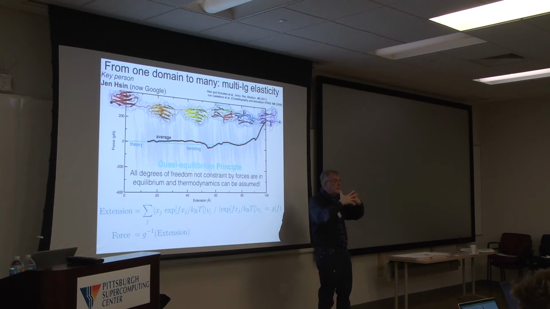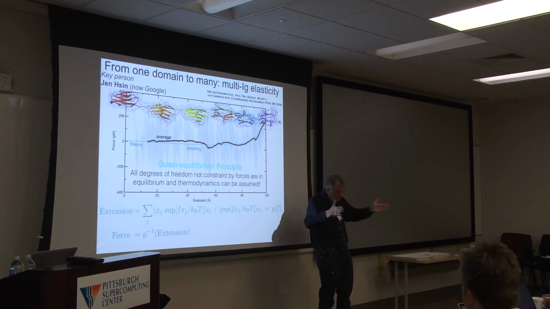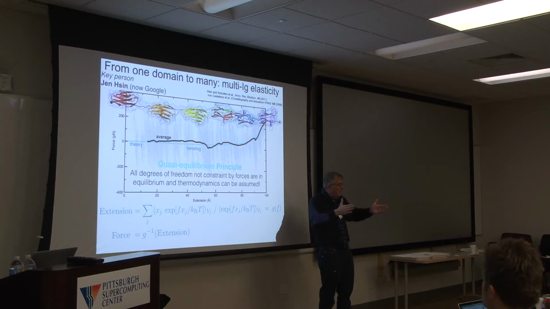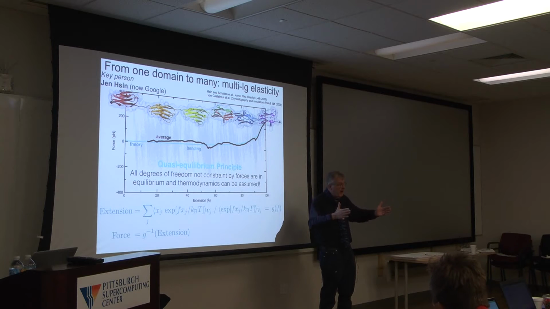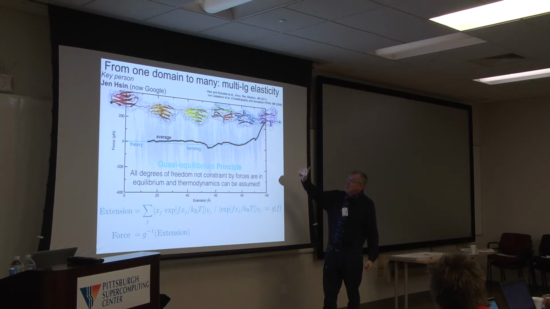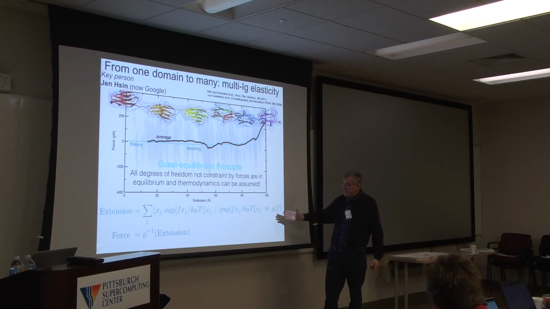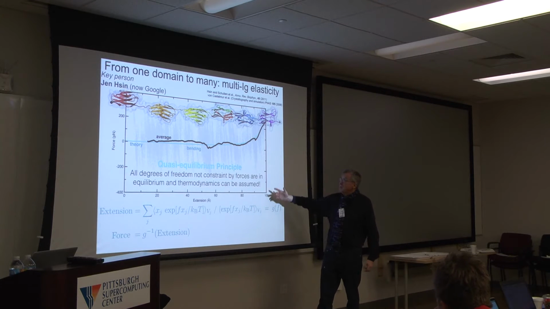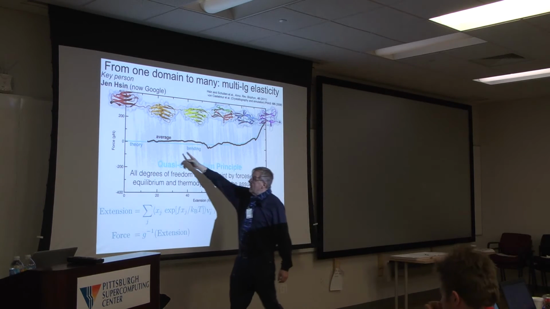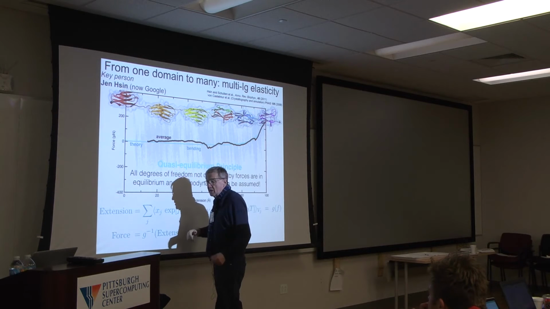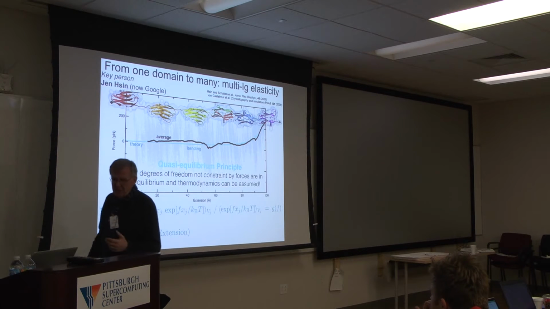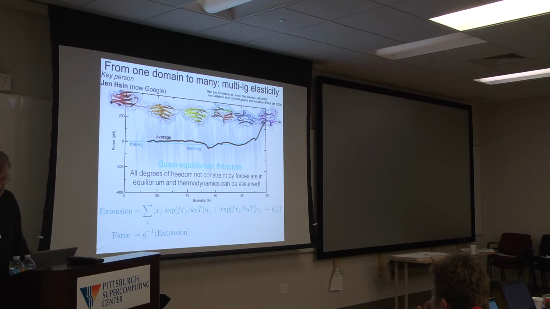So the system is in complete equilibrium, except for the degree of freedom that you are manipulating mechanically from the outside. The rest of them are in equilibrium, and so the system is always equilibrated, and that permits you to describe this process in the theory, the curve, quite nicely. You only need undergraduate equilibrium thermodynamics to really take account of the features you see here.